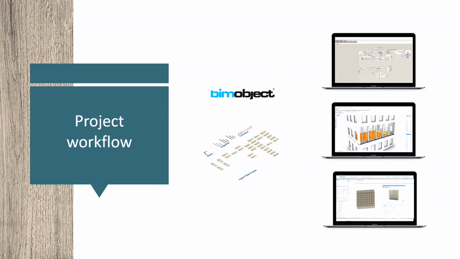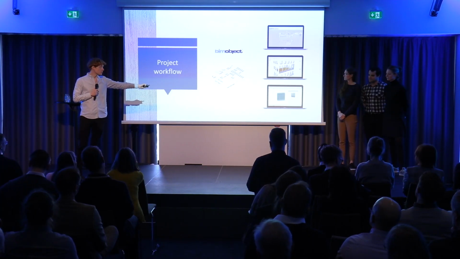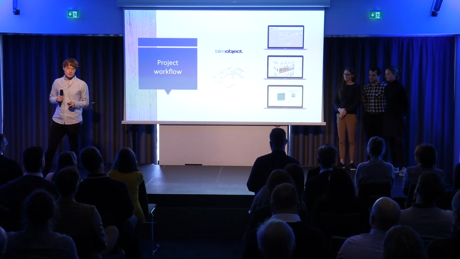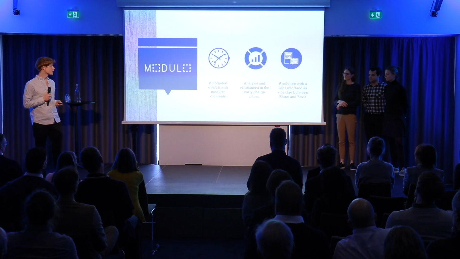So, we have leveraged the vast amount of Revit and other BIM components on BIMobject.com to create a modular building design generator that links a parametric model in Grasshopper with a user interface in Revit. This allows an architect to design sustainable buildings with ease.